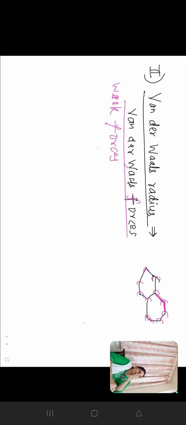Van der Waals forces are very weak forces of attraction which exist between inert gases.